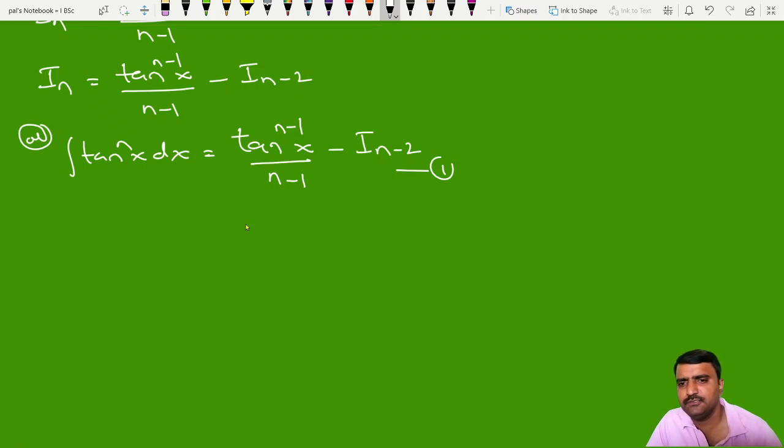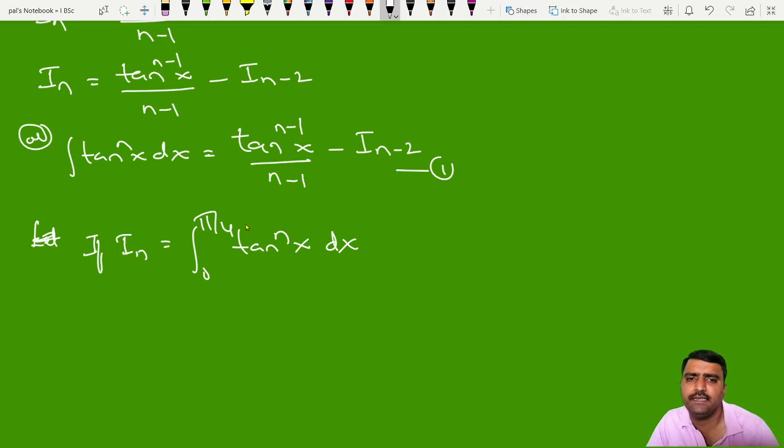Let I_n be equal to integration from 0 to pi by 4 of tan to the power n x dx. Then I_n can be written as the integral from 0 to pi by 4; you take its value directly.